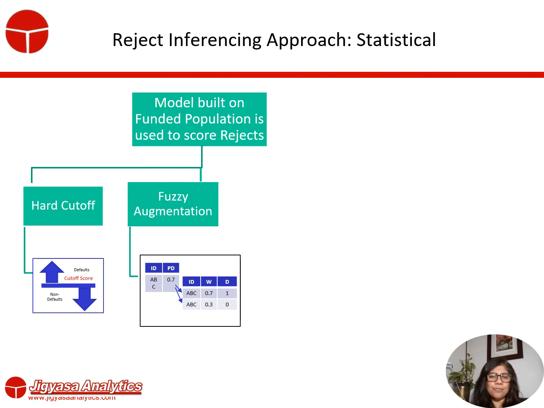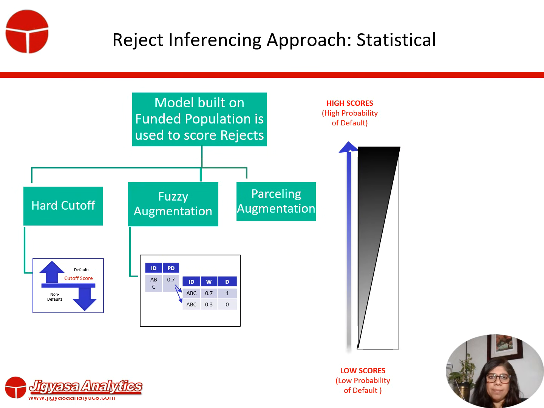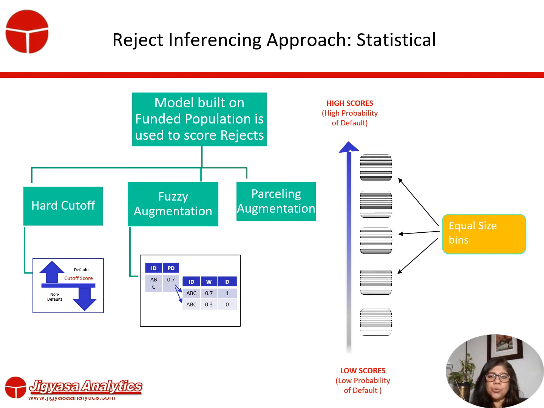The third method for reject inference is called parceling. First, we take the rejected applicants and sort them by their scores from the funded-only model. Then, we divide them into equal-sized bins as shown. In this chart, the bins at the top have higher scores, while bins towards the bottom have lower scores.